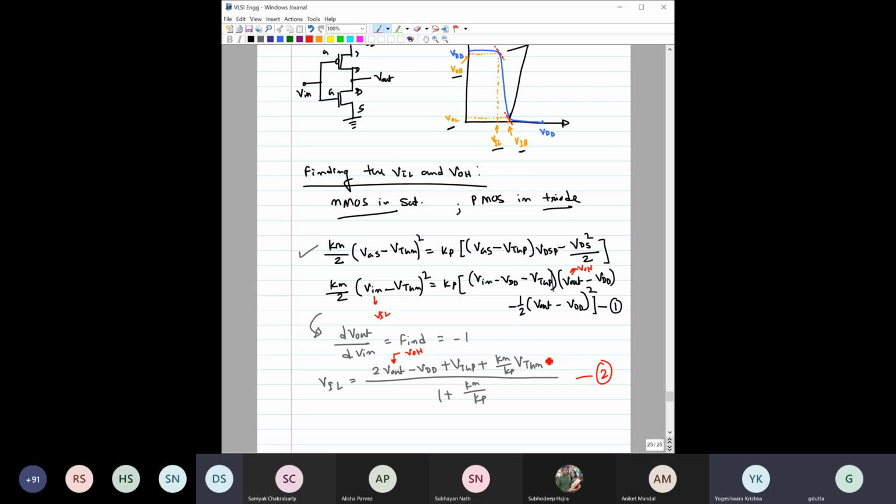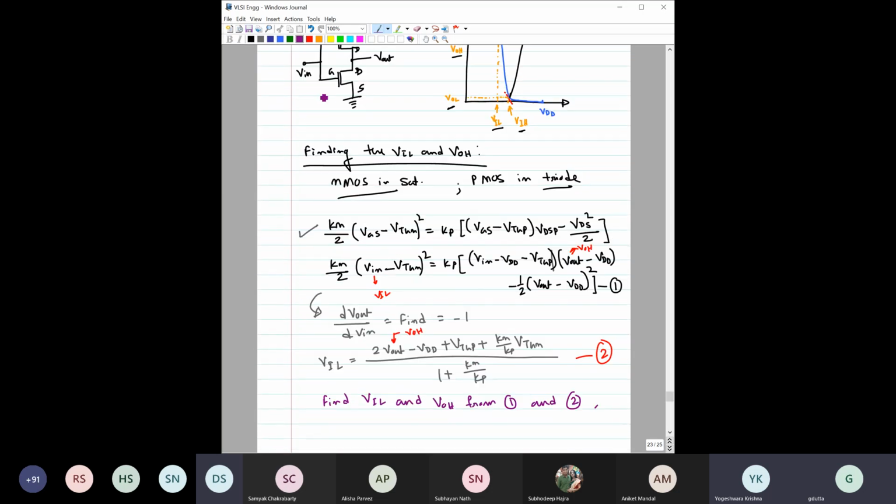You can solve it and find the analytical expression of VOH and VIL. Find VIL and VOH from 1 and 2. It's quite straightforward, you just have to solve it.